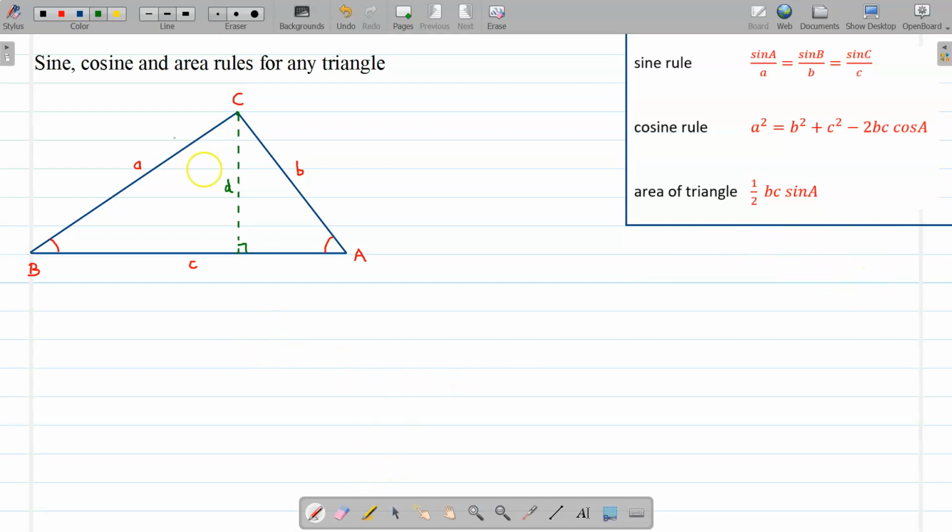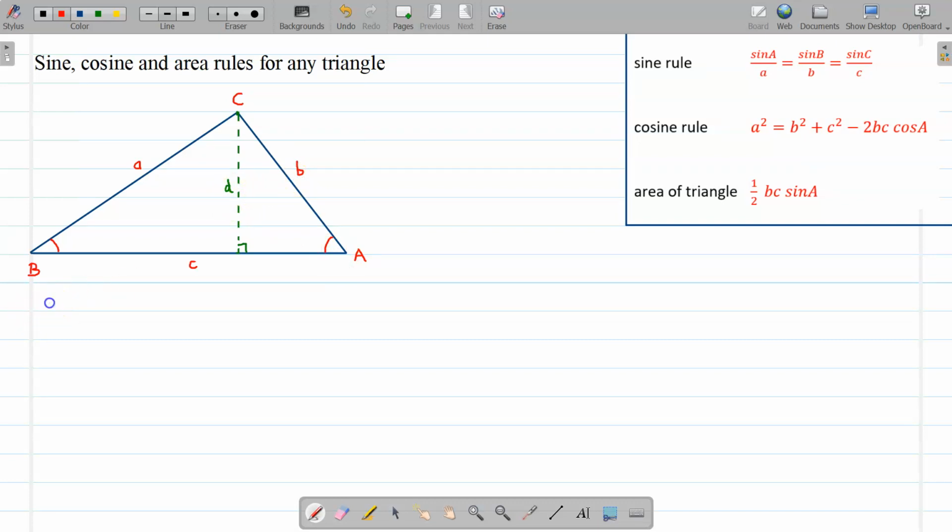Now, we're starting with the sine rule, and we're going to prove that that works and how it's derived. So, using the fact that the sine of an angle is opposite over hypotenuse, I can say that the sine of angle A is d over b.